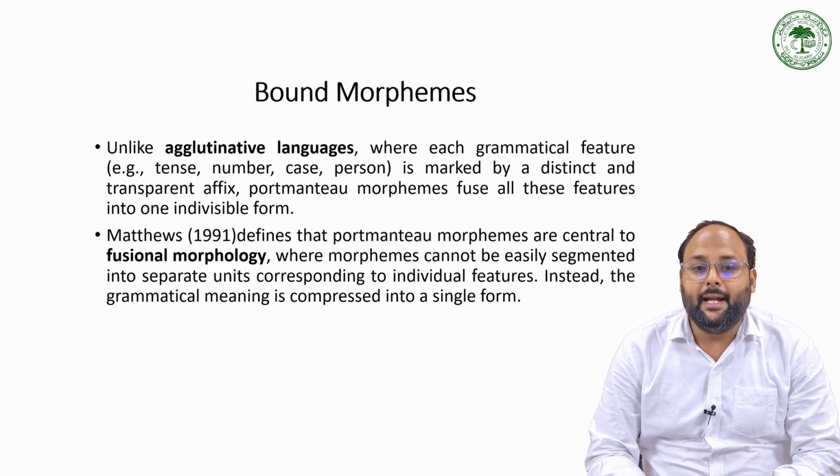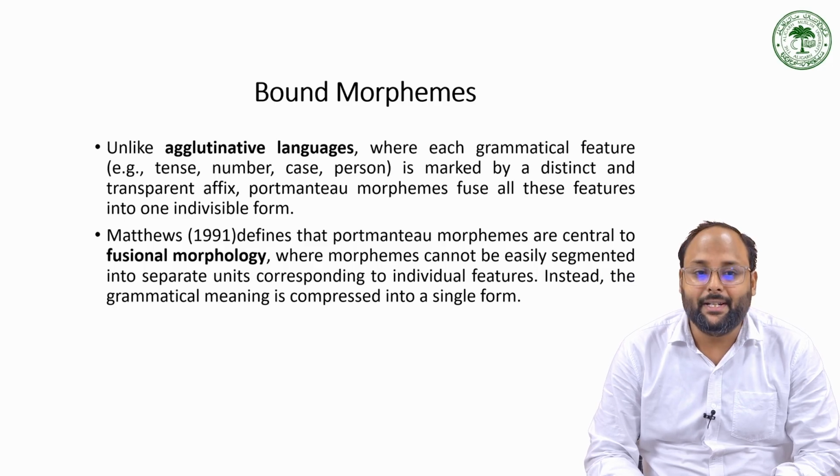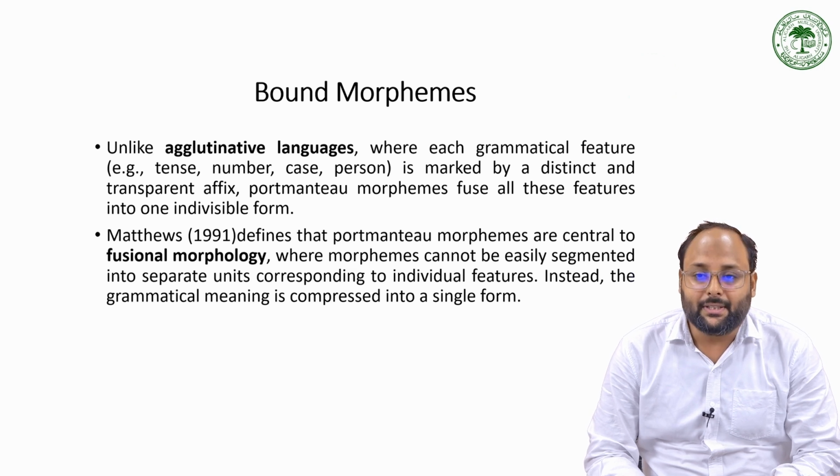Matthews 1991 defines that portmanteau morphemes are central to fusional morphology, where the morphemes cannot be easily segmented into separate units corresponding to individual features. Instead, the grammatical meaning is compressed into a single form. That means one morph has different grammatical meanings, and these are compressed into a single form, that is the portmanteau morpheme.